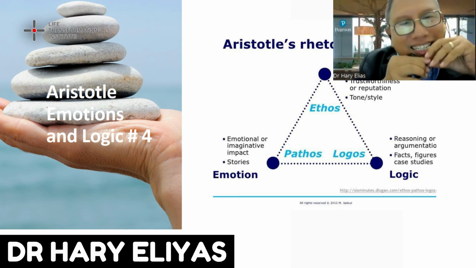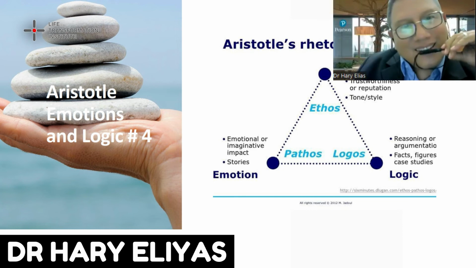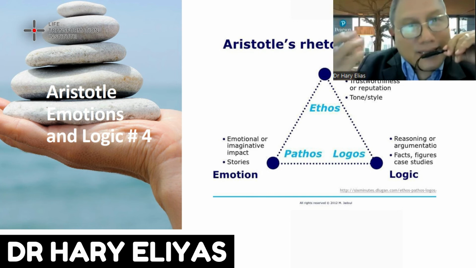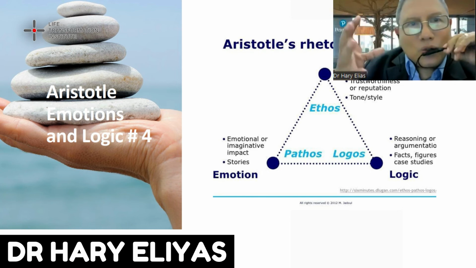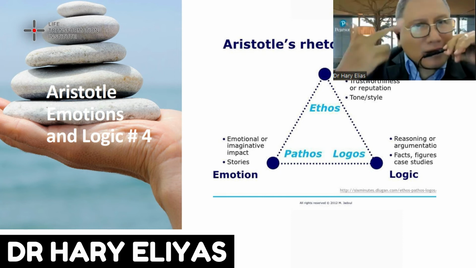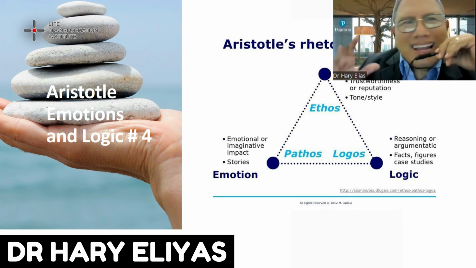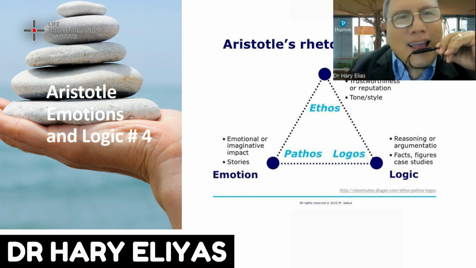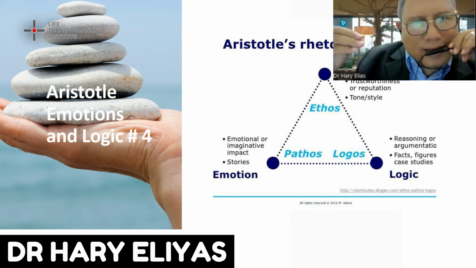Okay, he teaches us that good persuasion, or when you want to persuade, requires certain elements. And he broke down the elements into these 3 things: ethos, pathos, and logos. Let's start with ethos first. Ethos is not actually ethics, yeah, bukan ethics. Ethos is the credibility of you as the persuader.